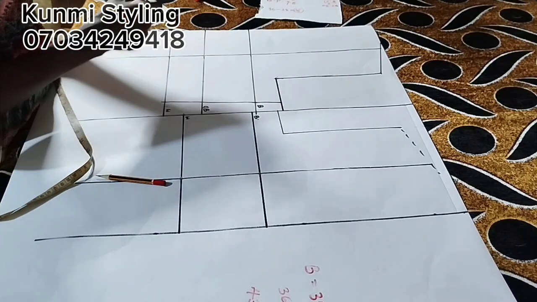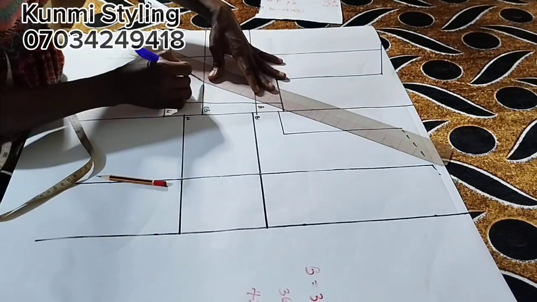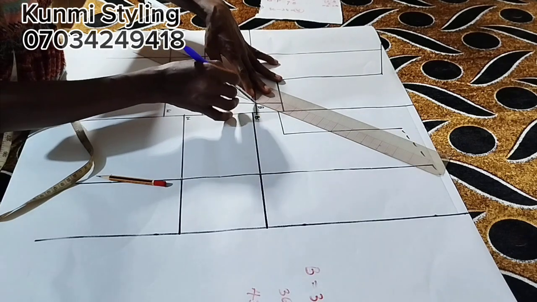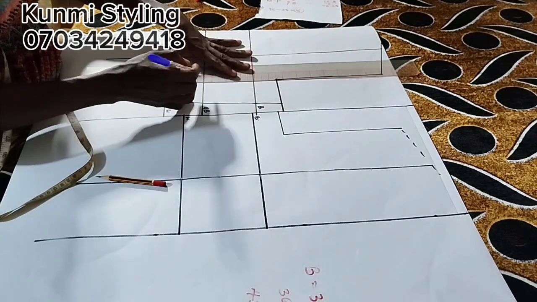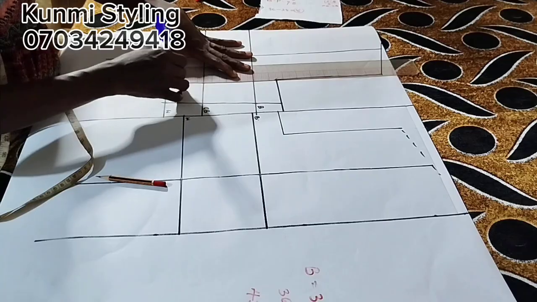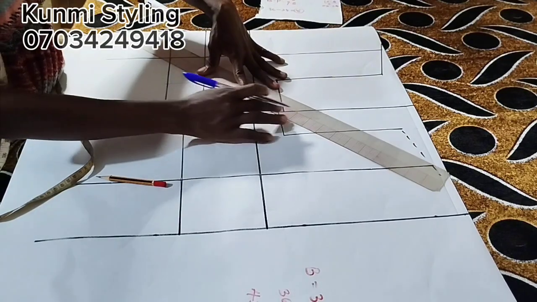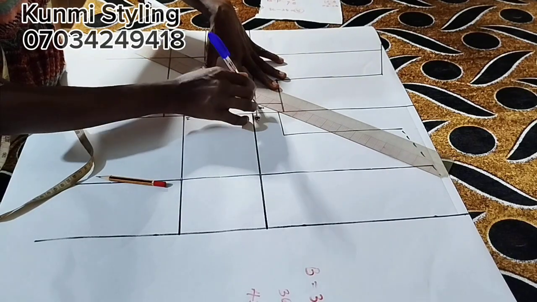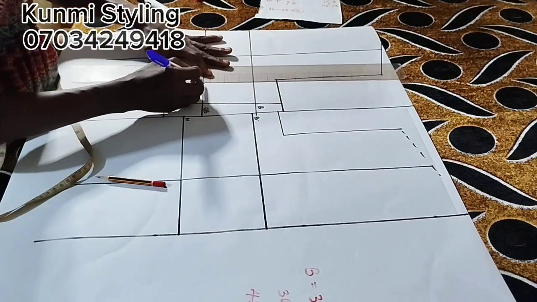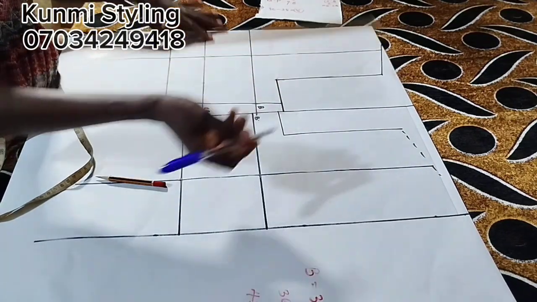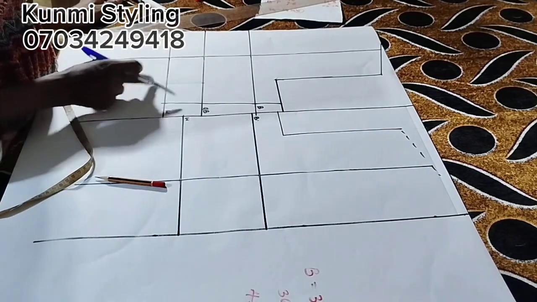And mind you, although this is what our bust measurement and waist measurement are giving us, there's no way our body shape will give you something like this. You can't cut a dress like this.